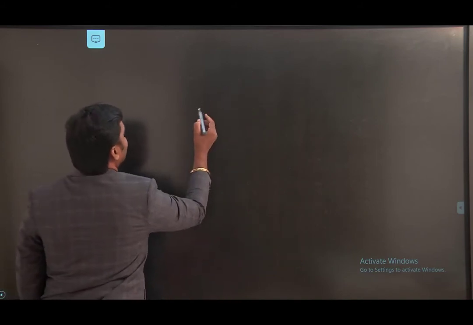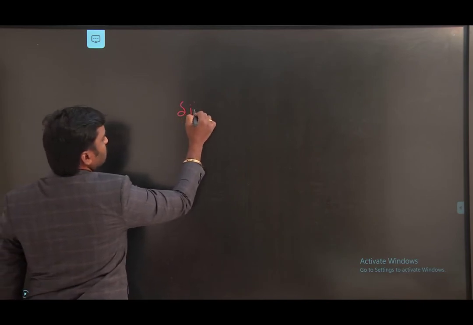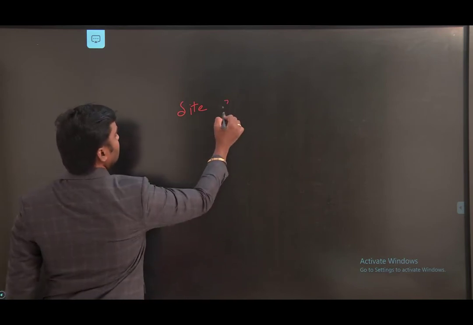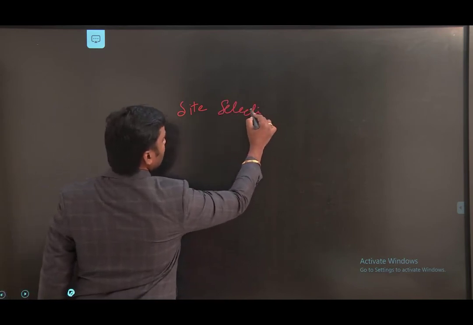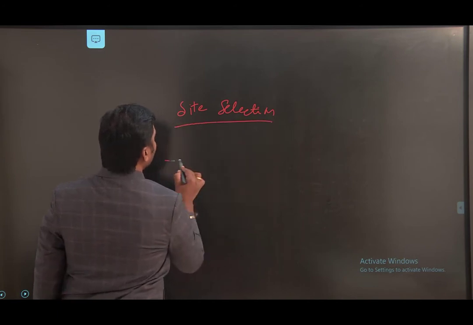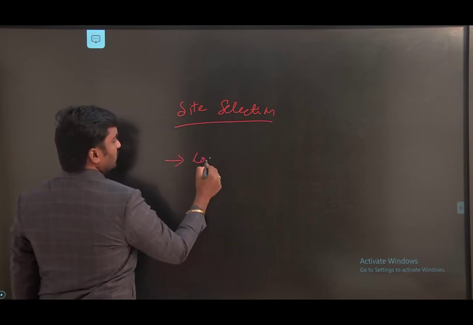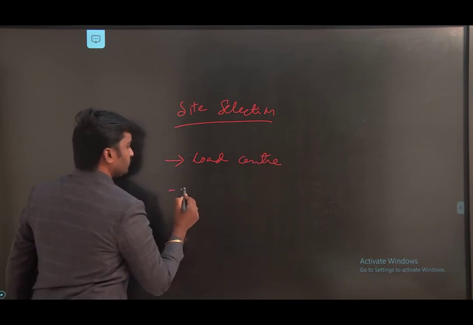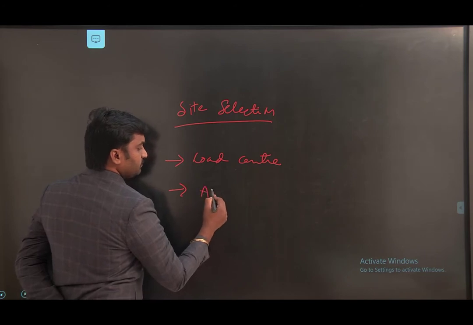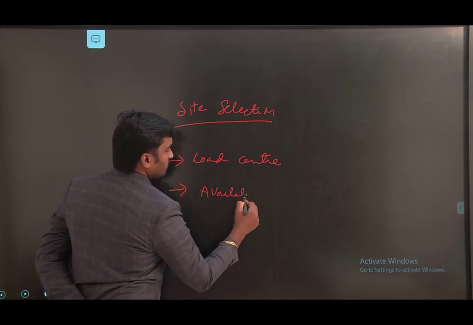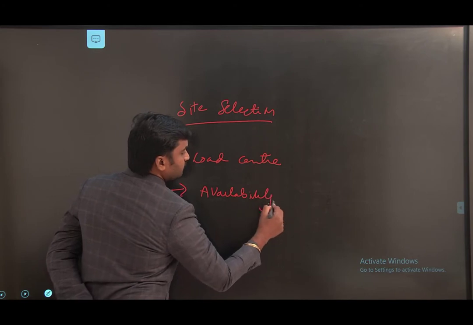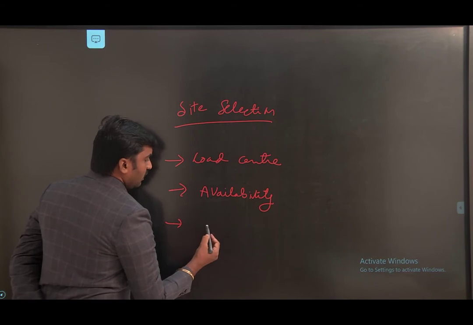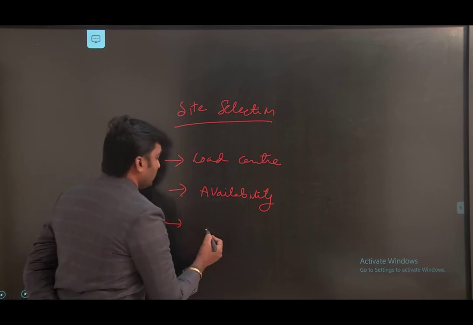We are also discussing the site selection. For every power station, a very important thing is the site selection part. In the site selection case, the major thing is nearness to the load center. That is the common point for all the cases. And availability of water, and land that has the capacity to hold it.